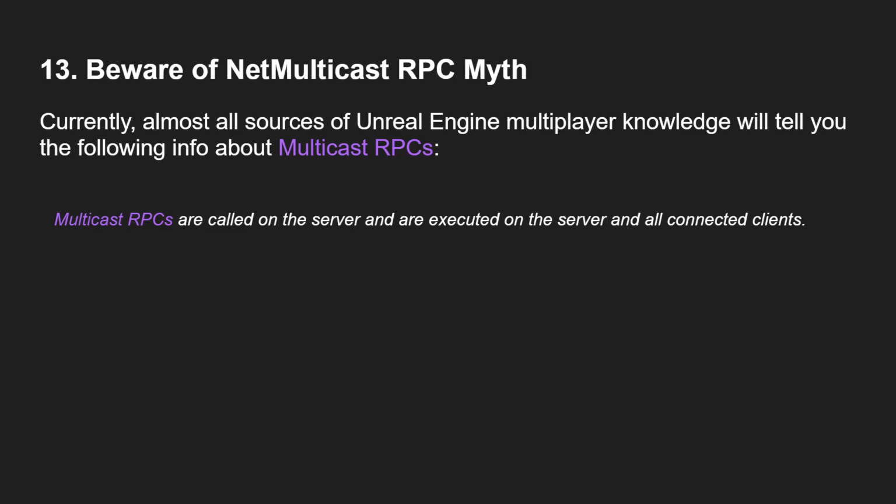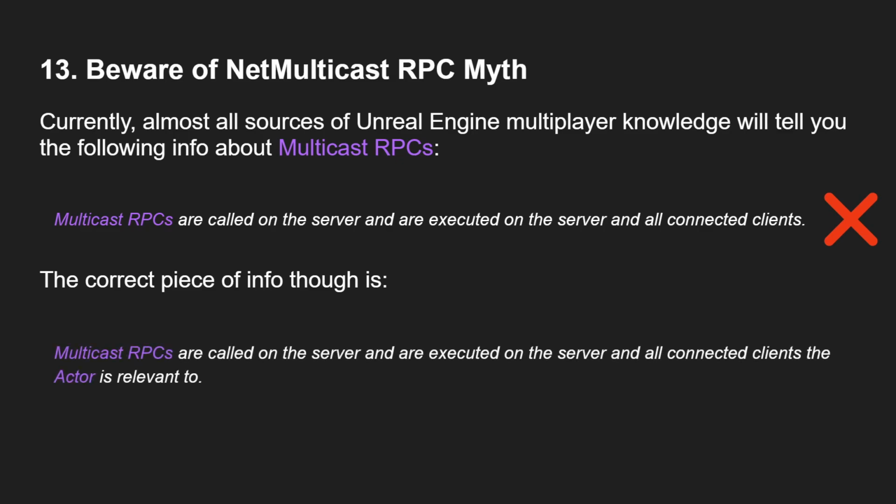And people who read this say, oh, that's amazing, then I can literally call the multicast RPC on the server and make sure it's executed on all clients. And that's not always the case. This is literally wrong because multicast RPCs do respect relevancy, for example. And with relevancy, we'll see in a second what I mean. So let's first correct this piece of info. The correct statement is that multicast RPCs are called on the server and are executed on the server and on all connected clients.